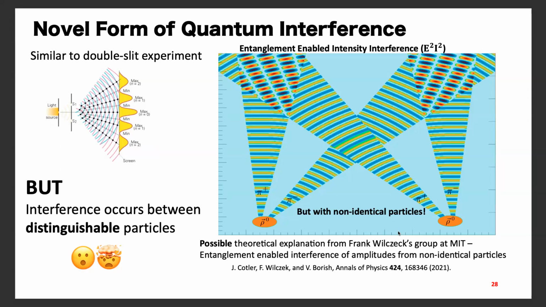These two wave functions, their phase can be random. If they don't decay, these two wave functions won't give you any interference. But as long as the decay daughters have a fixed phase, you will always produce an interference, even if these two rho wave functions have a random phase.